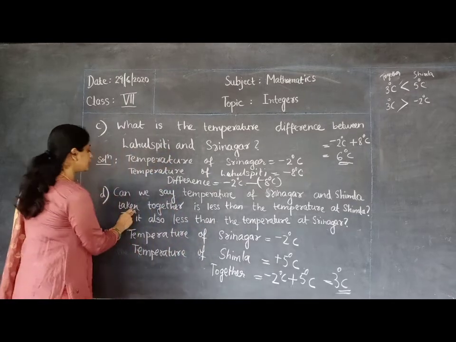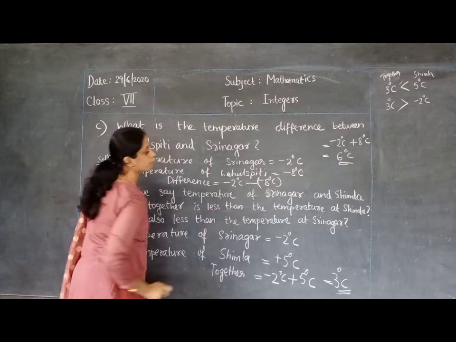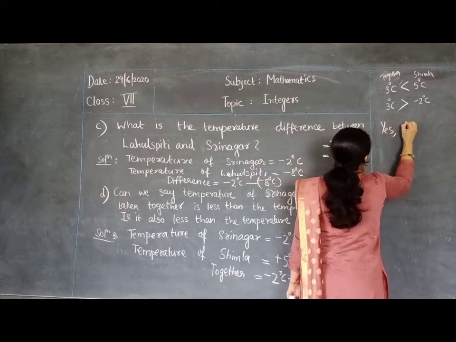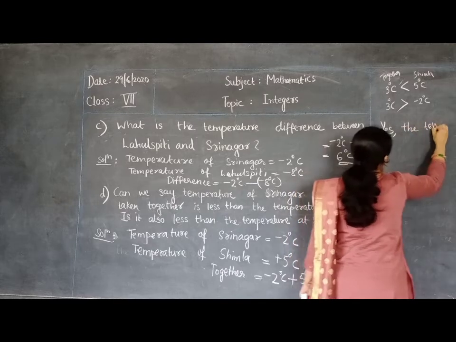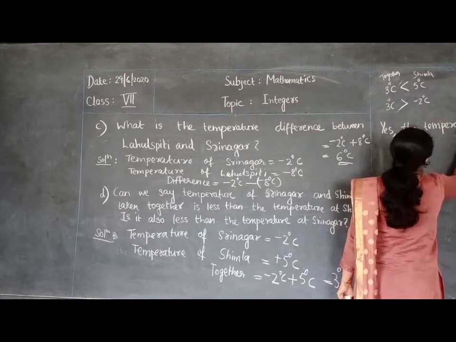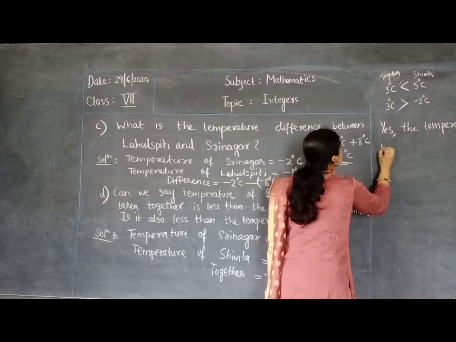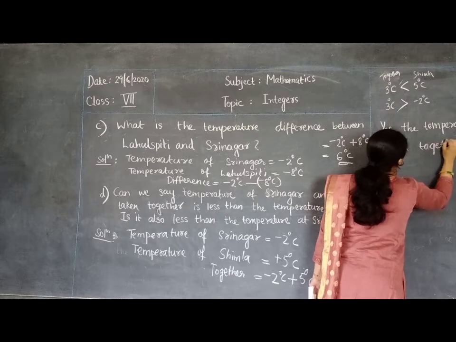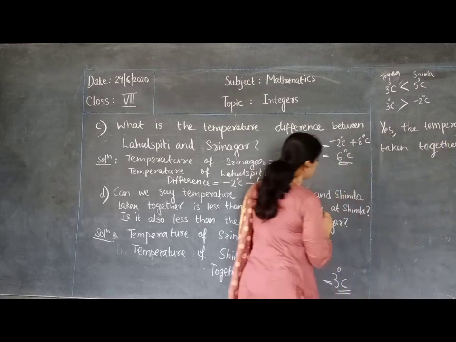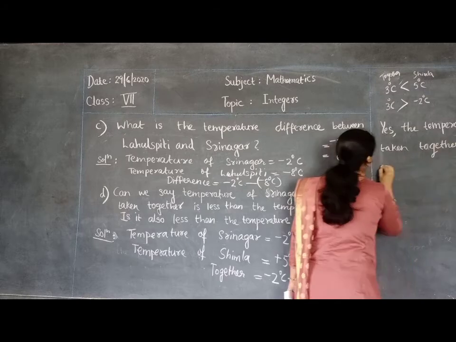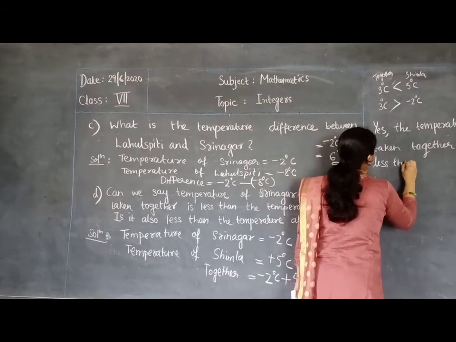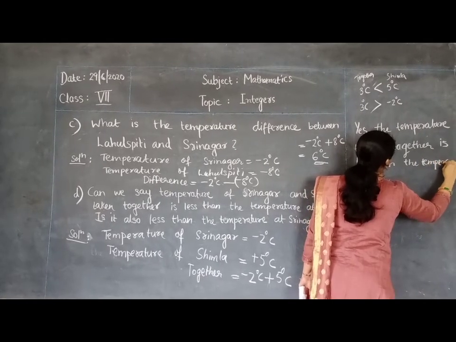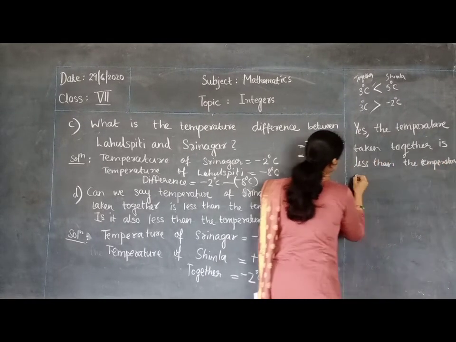So the first question they have asked is whether it is less than the temperature at Simla. So yes, the temperature taken together, that is of Simla and Srinagar, is less than the temperature at Simla. That is the answer for the first question which they have asked.